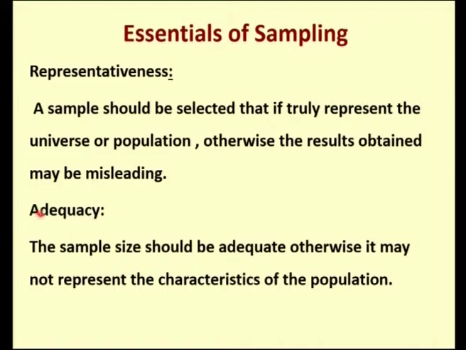And the next essential is adequacy, that is, sample size should be adequate, otherwise it may not represent the characteristics of the population. By this what I mean is the number of units in the sample should be adequate. For example, if the population consists of say 10,000 units, and you take a sample of 50 or 100 or say 150 units, then whatever information we draw will not be appropriate, because the sample size is very small.